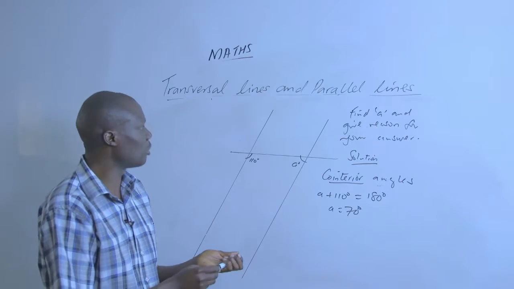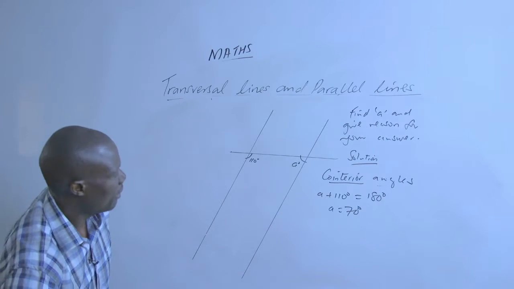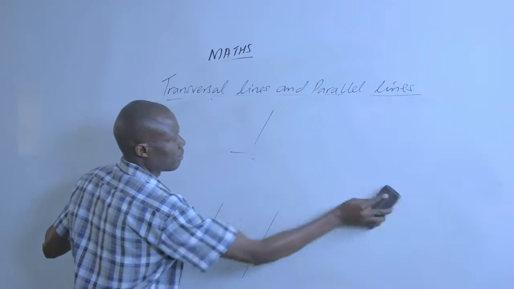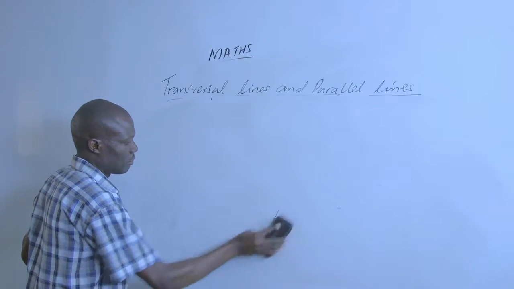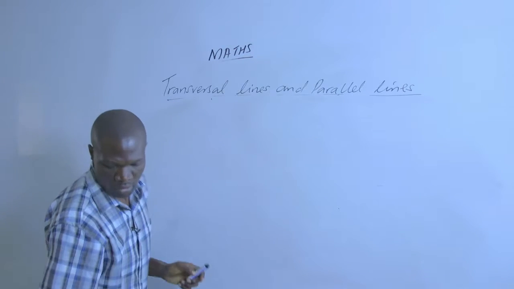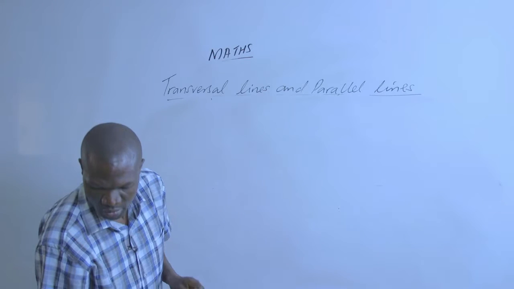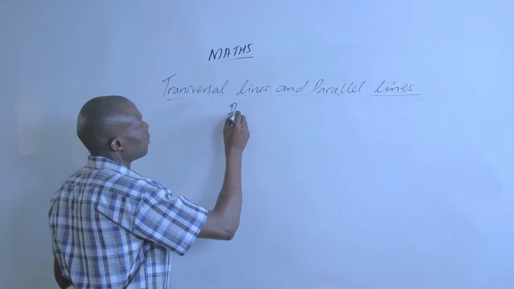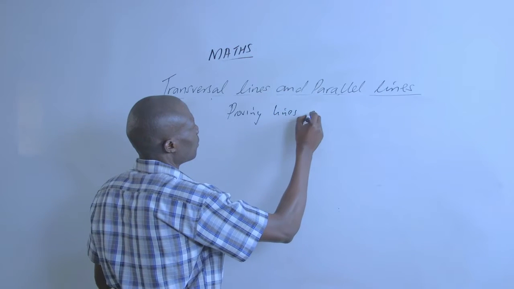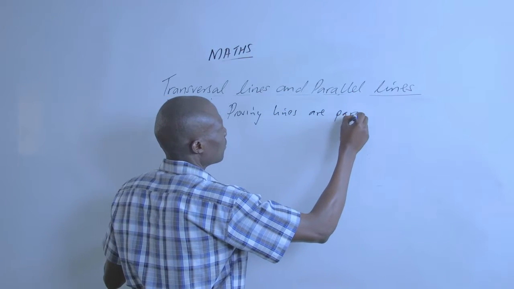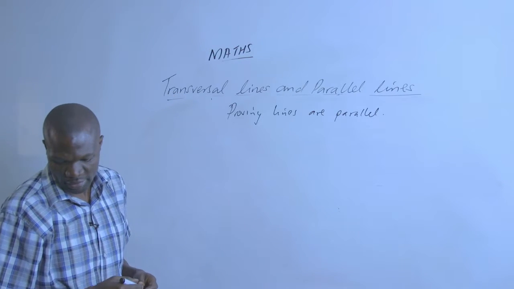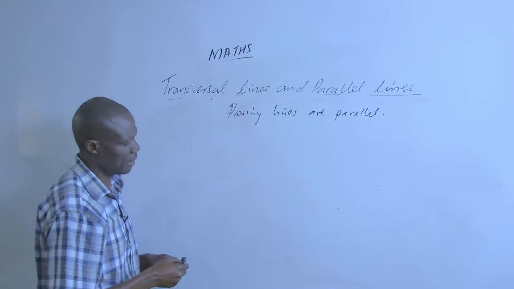How are we able to prove that two lines are parallel? Proving lines are parallel.